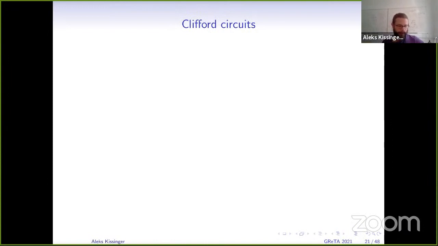Another interesting and probably much more quantumly relevant subset is what are called the Clifford circuits. These are built using the CNOT gate and two other gates. One is the Hadamard gate, or this color changer thing that we saw before, and one is the S gate.